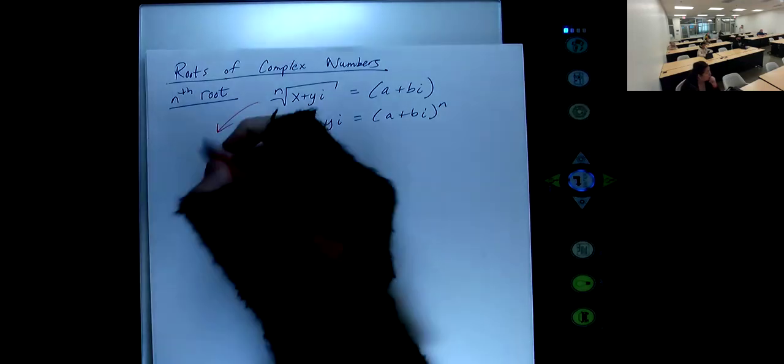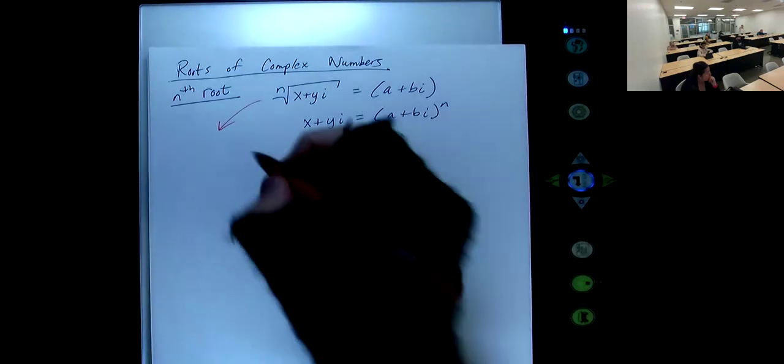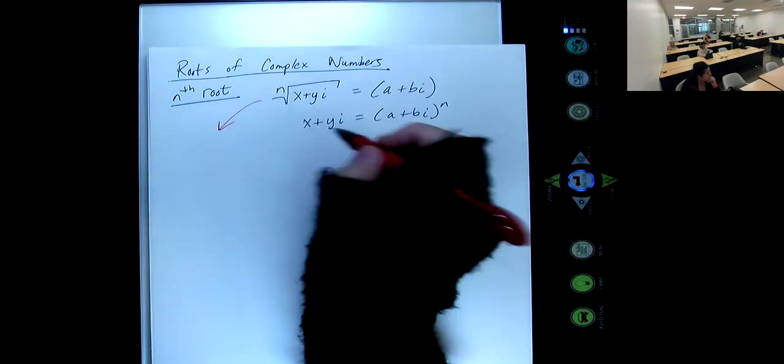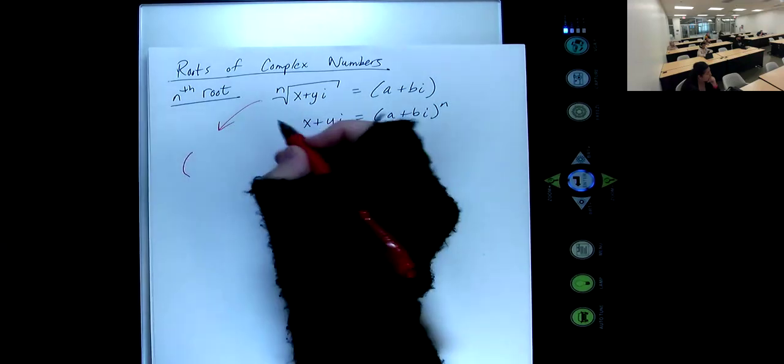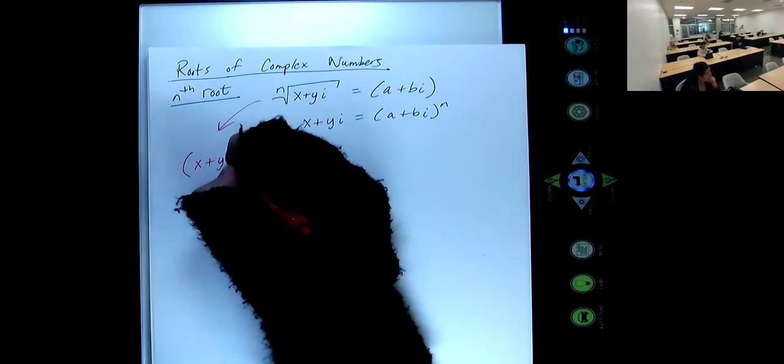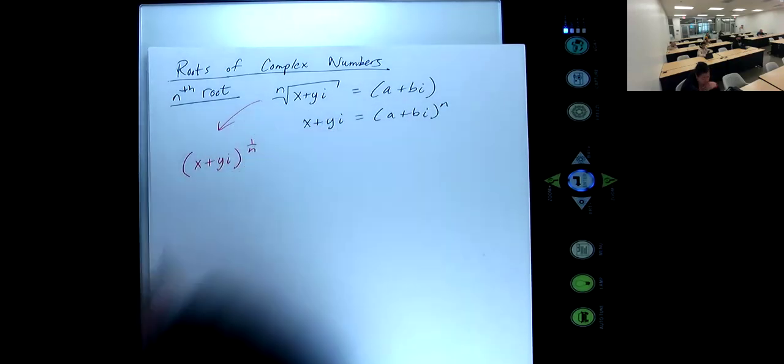Because the nth root, right here, this is x plus yi to the 1 over n.